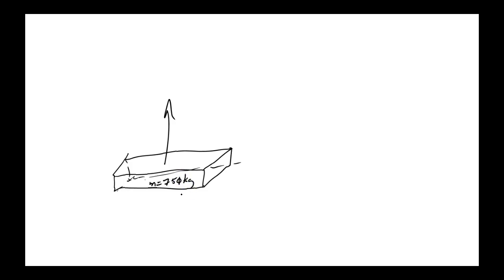Now, I don't see a bar there, so how many significant digits is that? 2. And you're going to lift it a distance of 45 meters. How many significant digits? 2. You're lifting in the same direction as the force. The force is up, the displacement's up, so you don't have an angle in here.